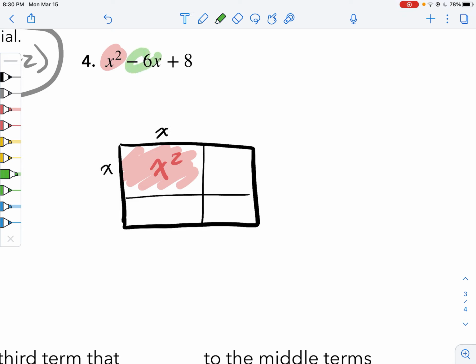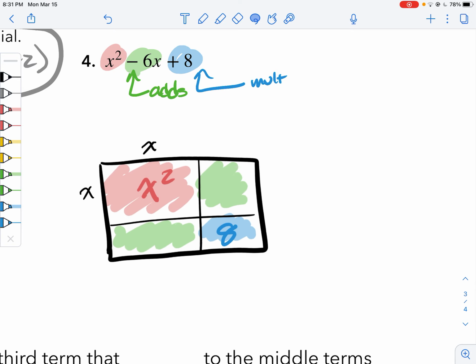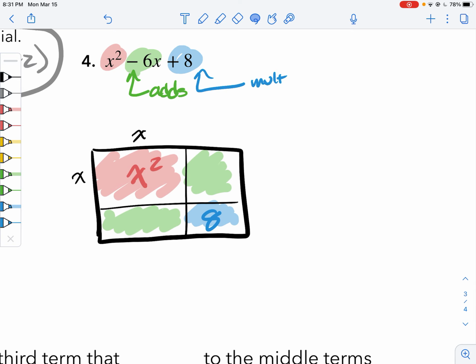And then what plus what adds up to negative 6x, and then something else that multiplies to 8. Basically, if you know I need to add to the middle number and multiply to the last number, you don't even need to draw this box thing, but I like the box thing.